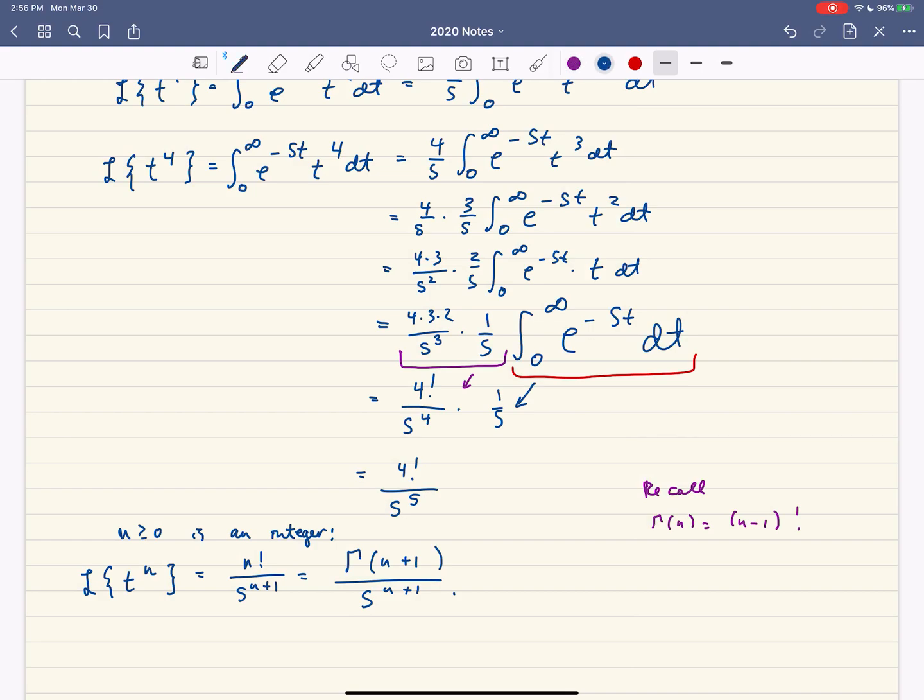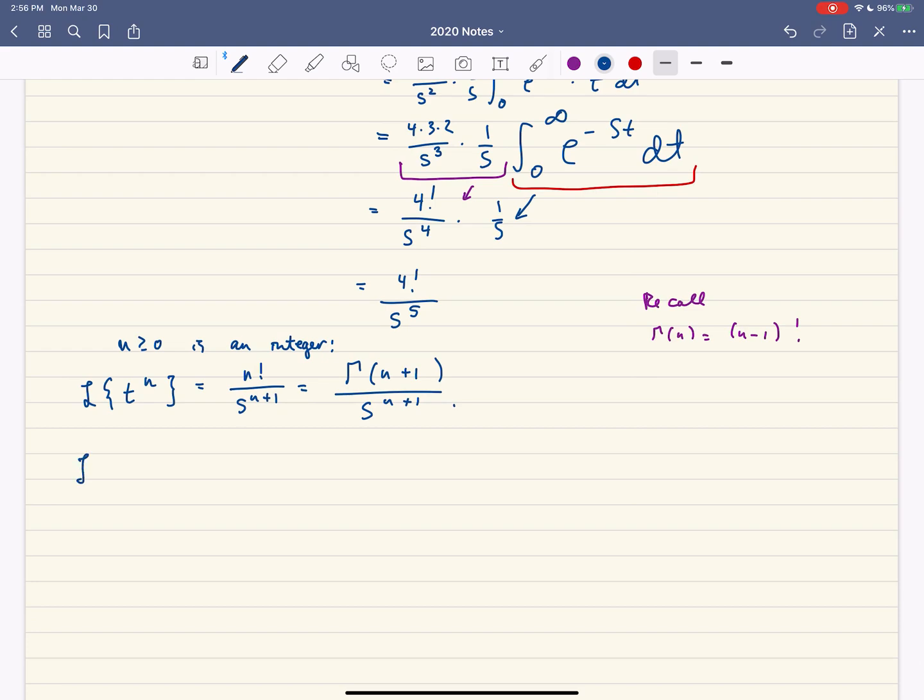The reason why I write this like this is that it's actually true that the Laplace transform of t to the a is gamma of a plus 1 over s to the a plus 1. That's true whether or not a is an integer. So if a is really any real number there, this is true. And actually this version holds if a is strictly bigger than -1.